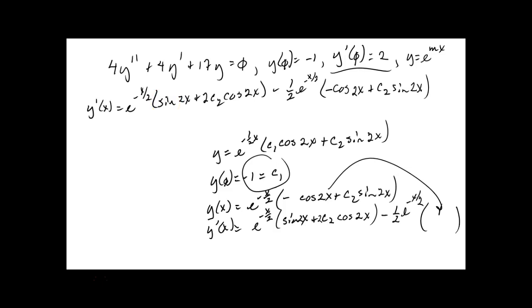Let's leave them alone. Let's just plug in y prime of 0. What's y prime of 0 got to be? 2. So let's plug in a 0, and what do we get? e to the 0 is 1, so that's equal to 1 times sine of 0.